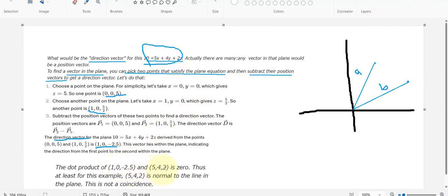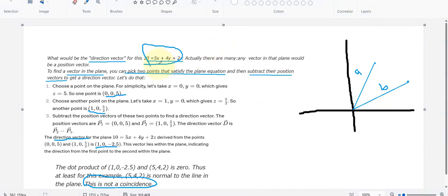And if you try the dot product of this and this, it does turn out to be 0. And the point here is that this is not a coincidence. It's very unlikely that this is the only time it's going to work, that when you collect these coefficients, they're going to give us the normal vector to this plane. We can prove that it's true, but I just want to show you this as it sort of makes you believe it without actually proving it.